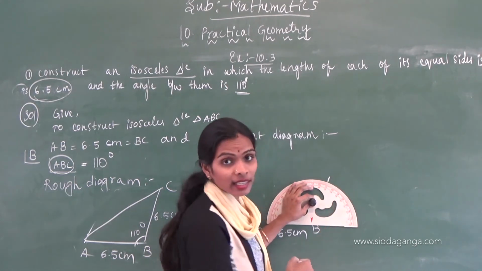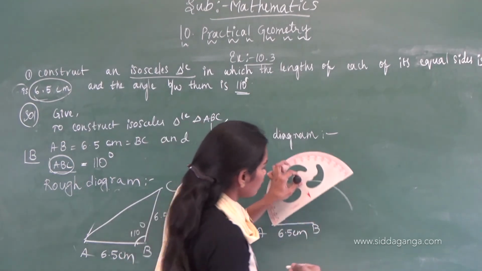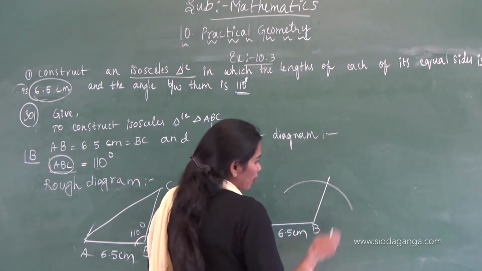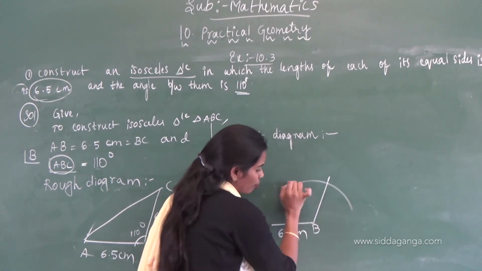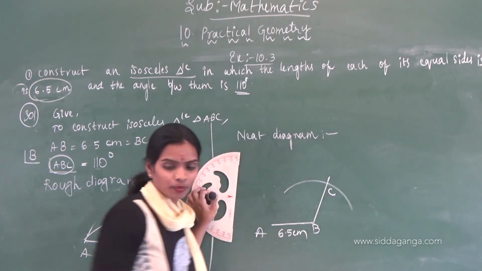This is an obtuse angle. I am taking the upper scale here and joining B and the arc. The point of intersection of the arc and the ray from B is C.